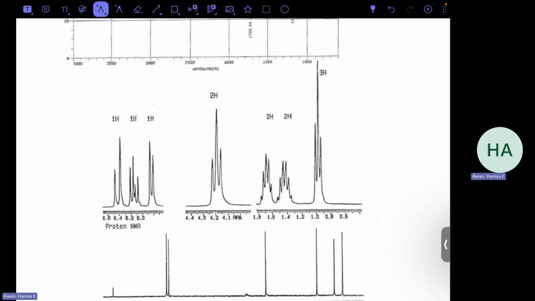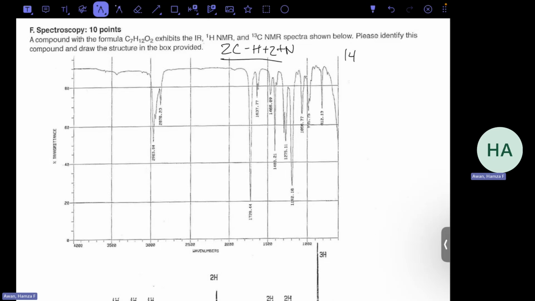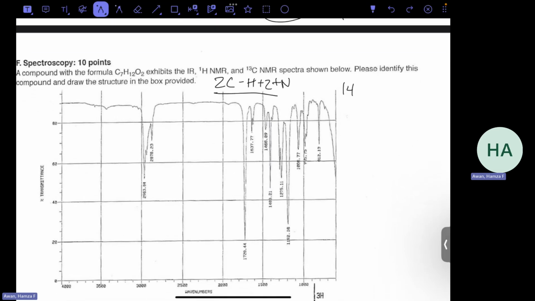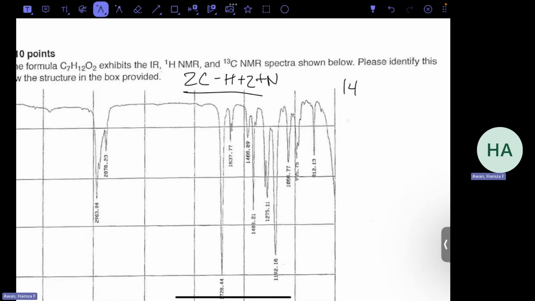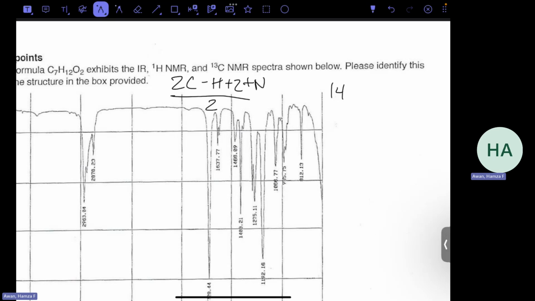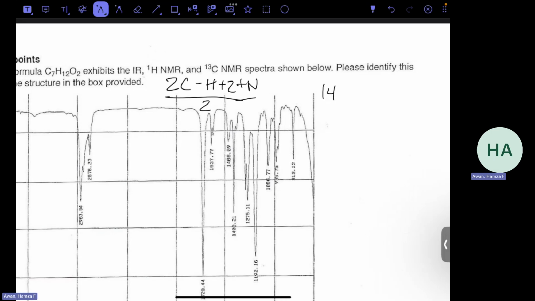Hopefully, nitrogens are pretty easy to tell because they will usually have the very broad peak over here. And it'll also tell you that it has a nitrogen. So all of that divided by 2. Right now we don't have a nitrogen in ours, so that's very nice.